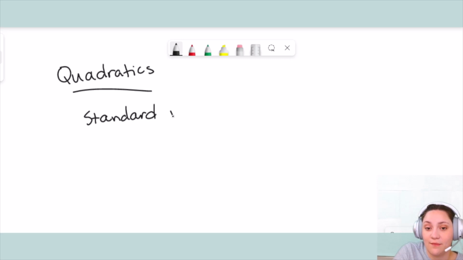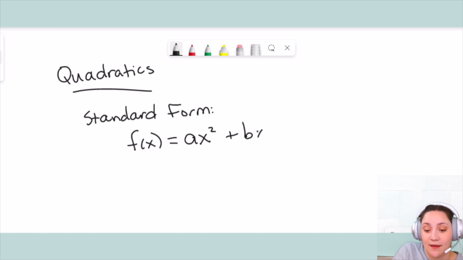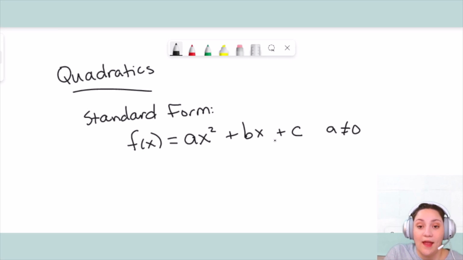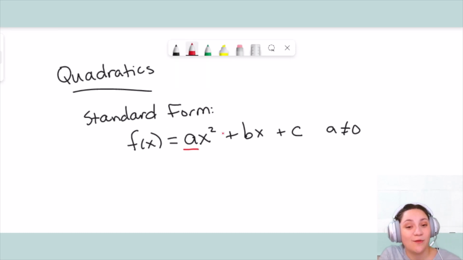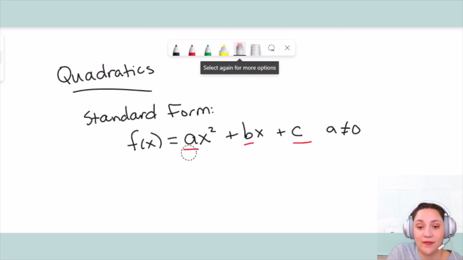So again, just to remind you what that looks like, it looks like the function f of x is equal to a times x squared plus b times x plus c, where a is never equal to 0. And what we have here is the coefficient for the x squared term, the coefficient for the x term, and the coefficient, or just the constant term itself.